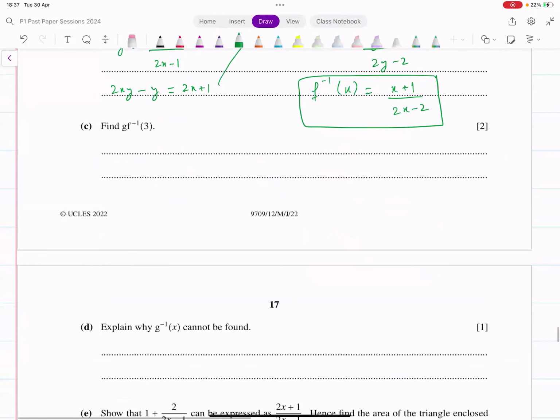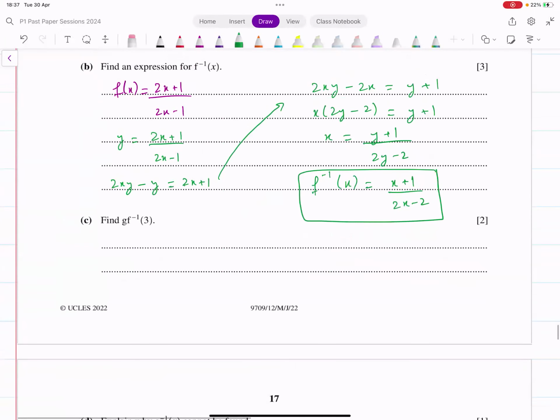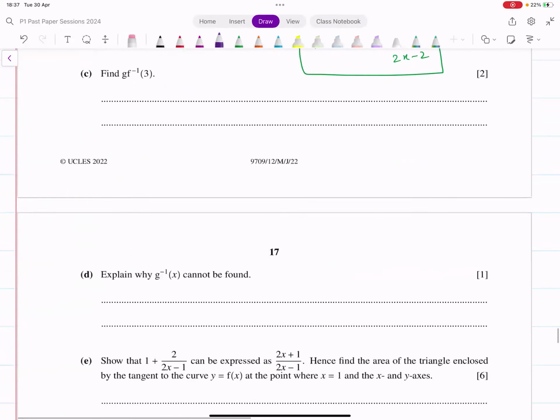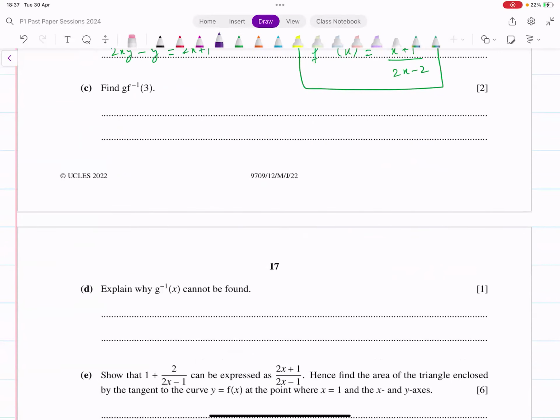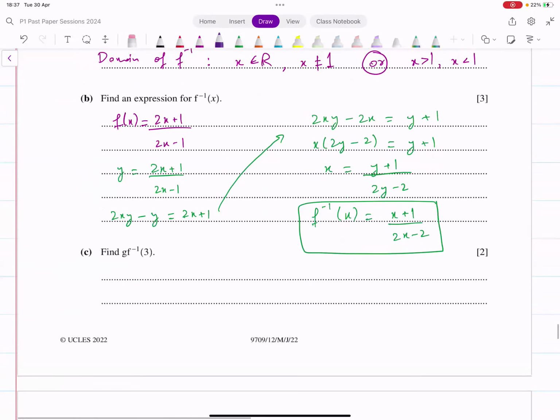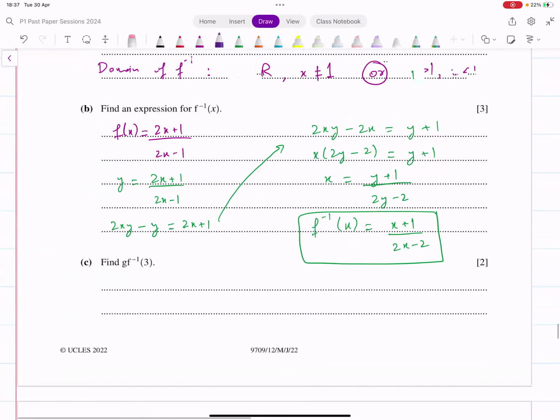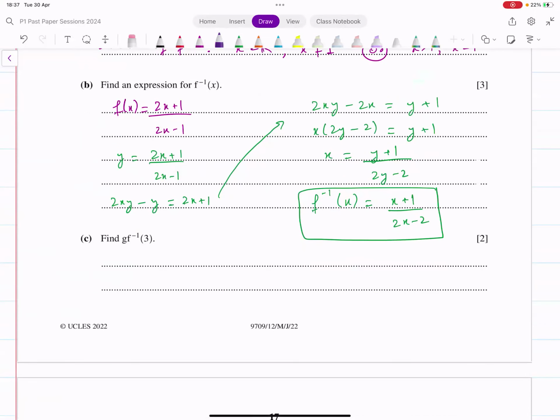Now let's look at the next one. It says find g f inverse of 3. They've only given us 2 lines for this. Okay. g f inverse of 3. What does that mean? g of f inverse of 3. Inside g, you have to input f inverse of 3. Now, what is f inverse of 3?